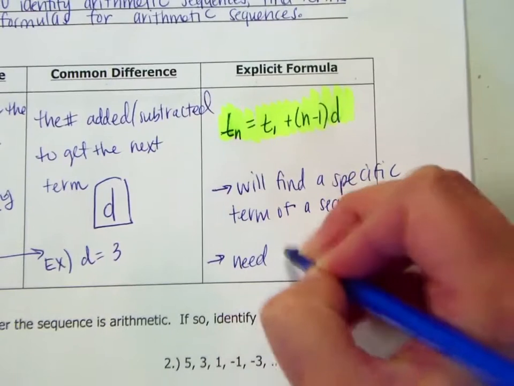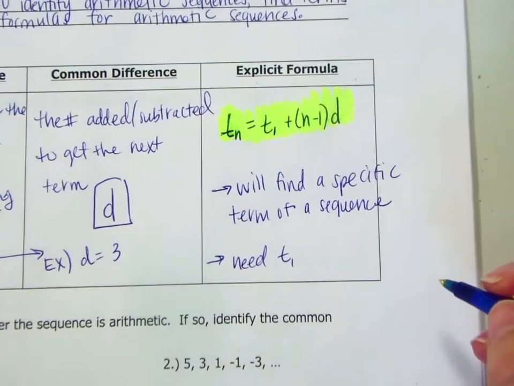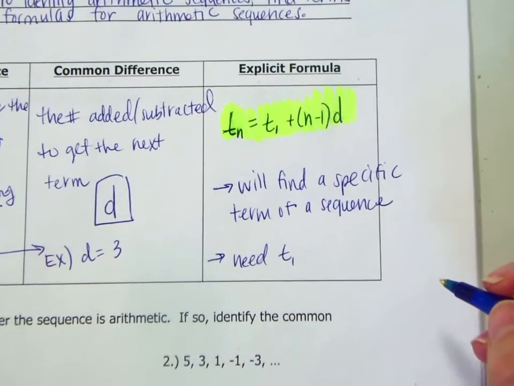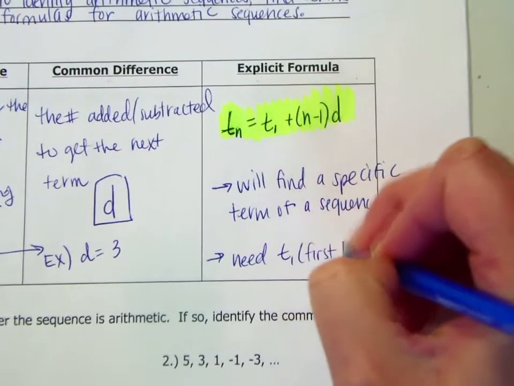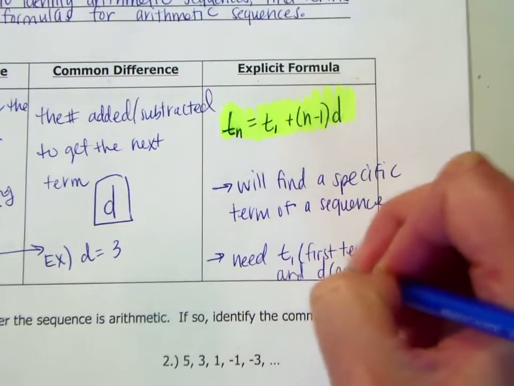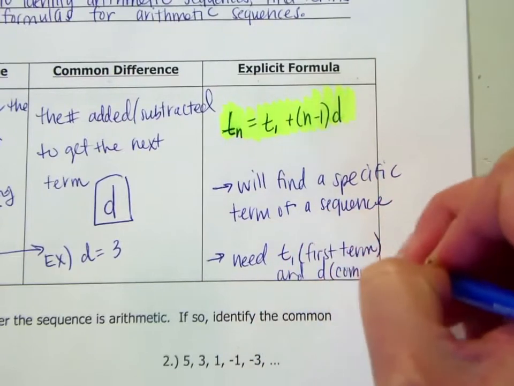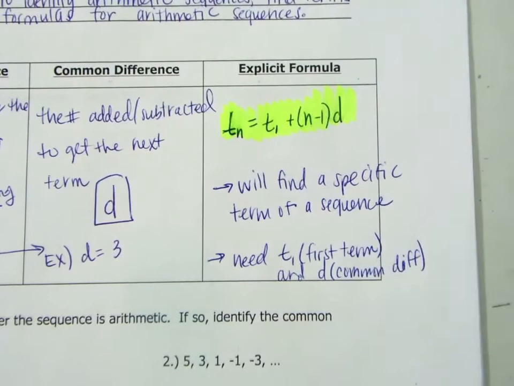We need t sub 1, which is what? T sub 1 is the first term. And we need d, which is the common difference. We need those two pieces of information to be able to find a specific term.